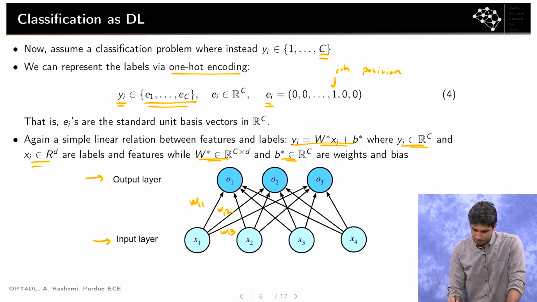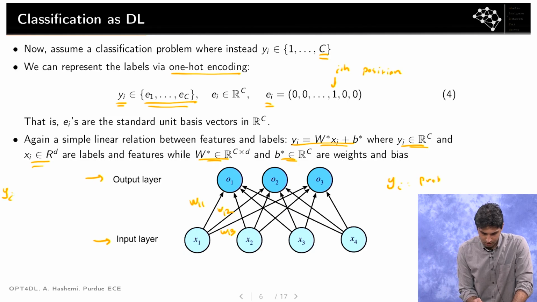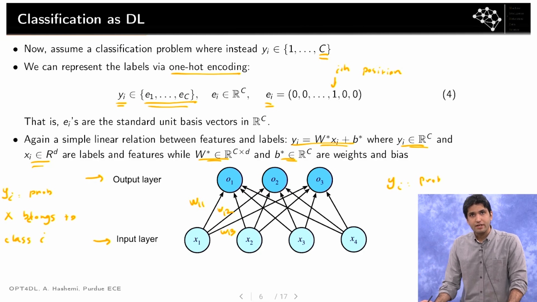For instance, we can think of y_i as the probability, let me write it here, y_i as the probability that image x belongs to class i. Now, this is very useful and important, as we're going to talk about in a minute.